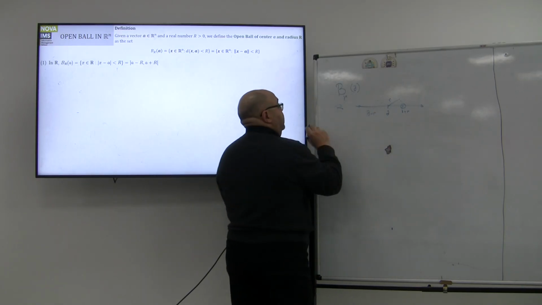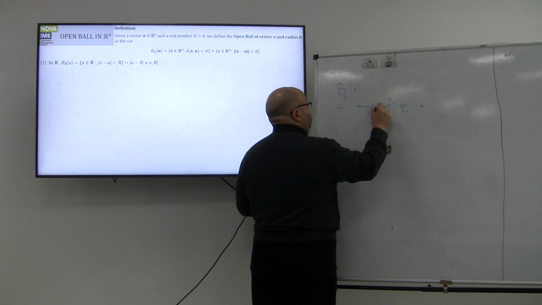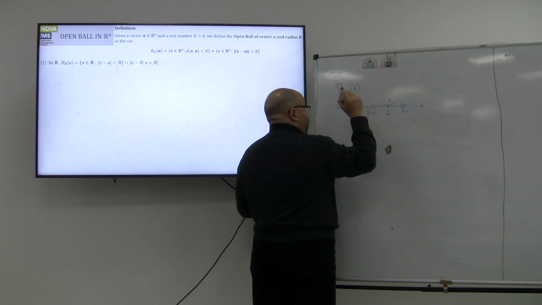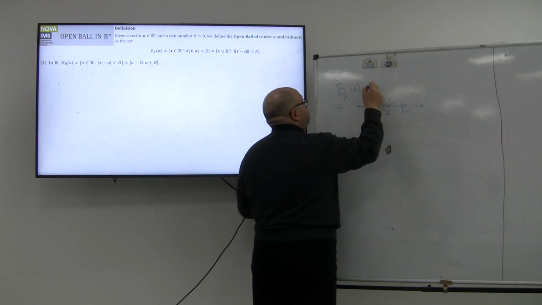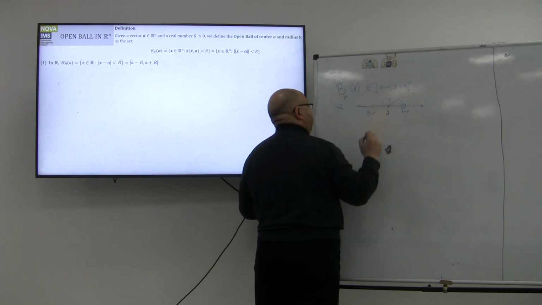So we mean the set which contains all the numbers in the neighborhood of A, or the open ball represents the elements that belong from A minus R up to A plus R, as you can see.